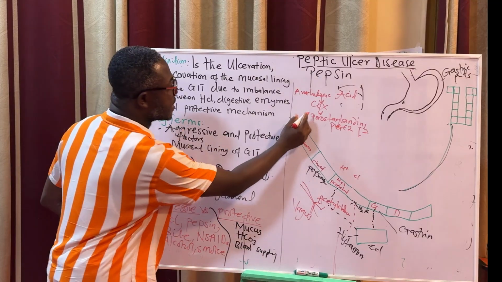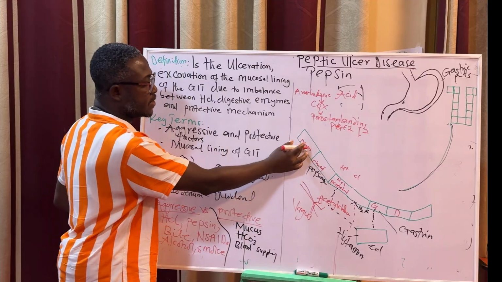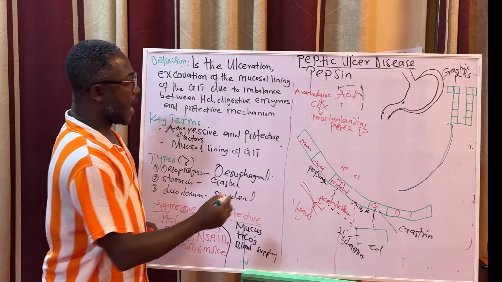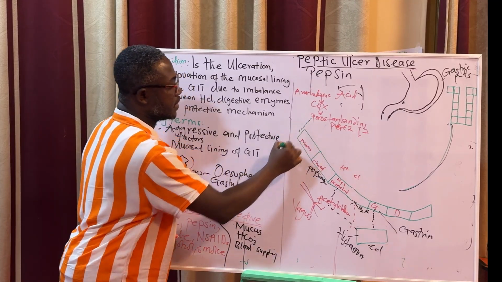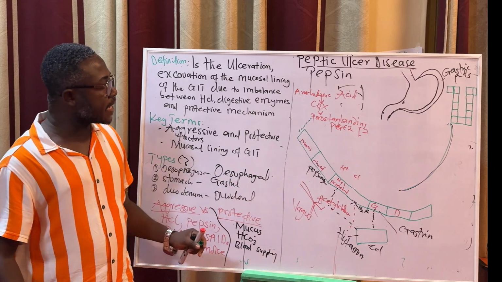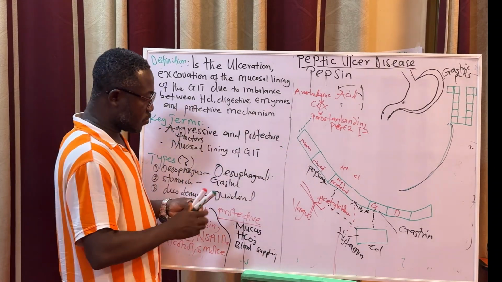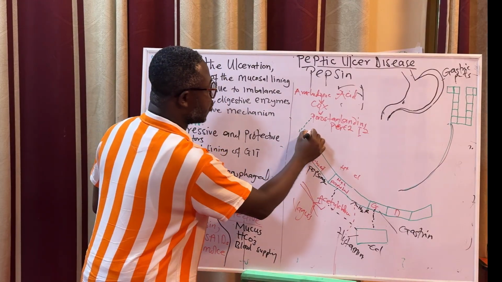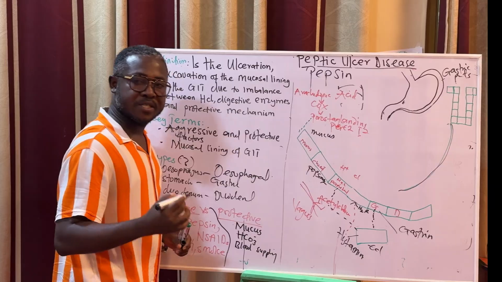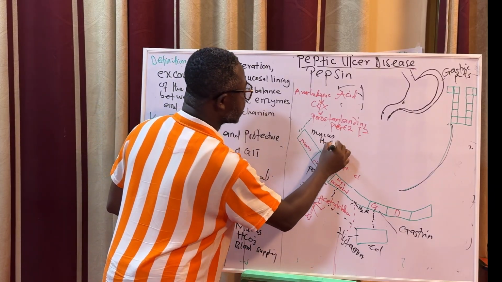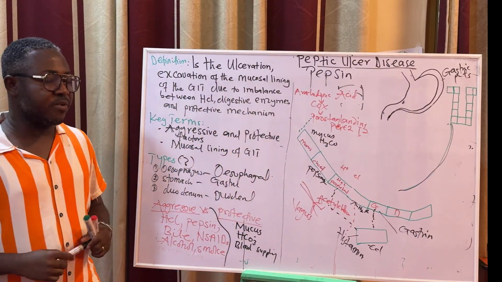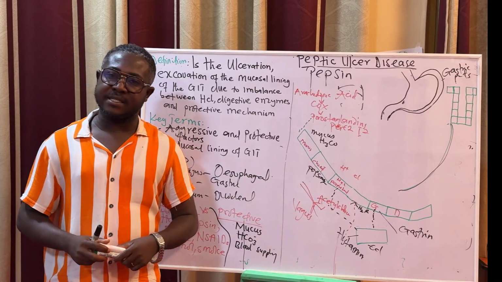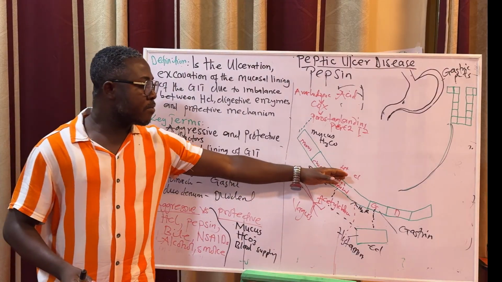One, prostaglandin stimulates the mucous cells over here. So we have prostaglandin PGE2 or the I2, which can stimulate these mucous cells, and then they will produce mucus, which contains bicarbonate. And we all know, from the previous video, that bicarbonate is an alkaline substance which comes to neutralize the acidity of the mucosal lining.